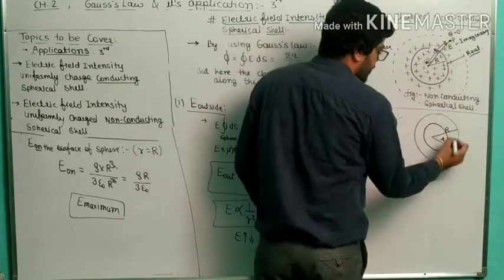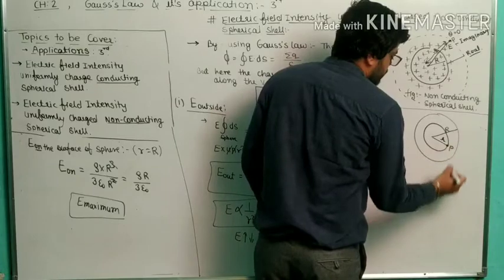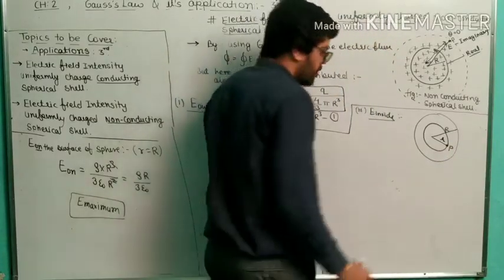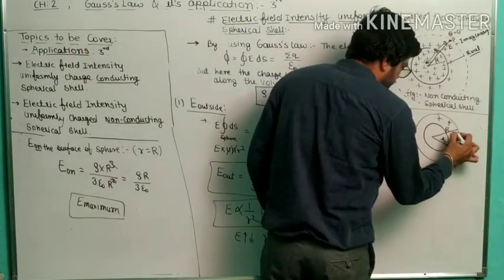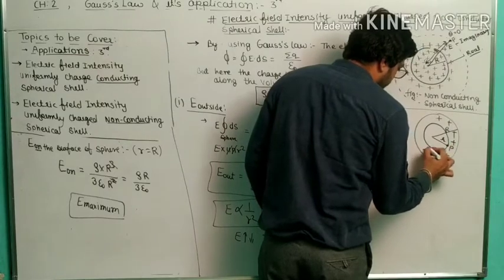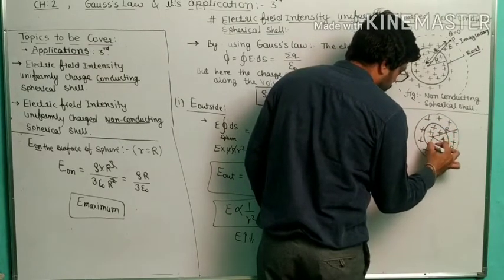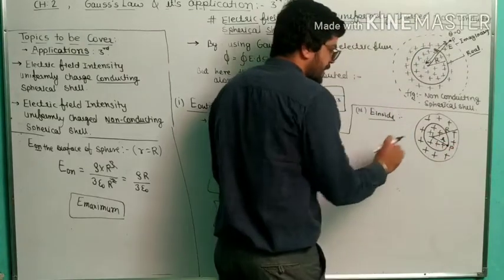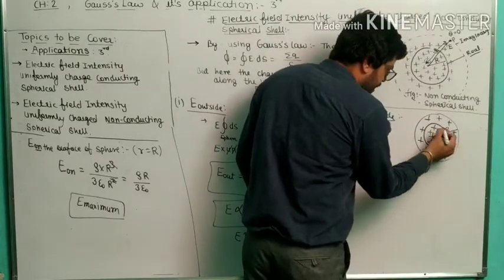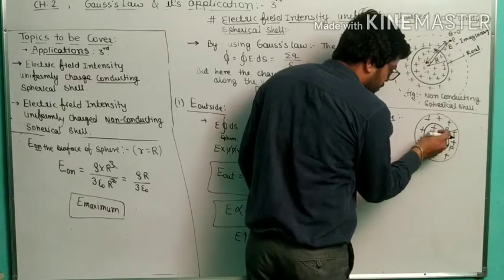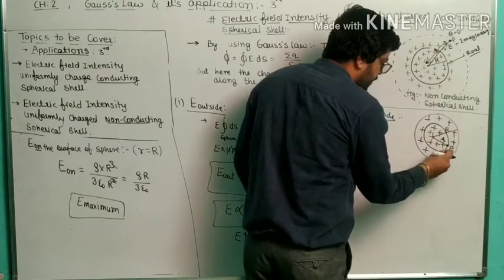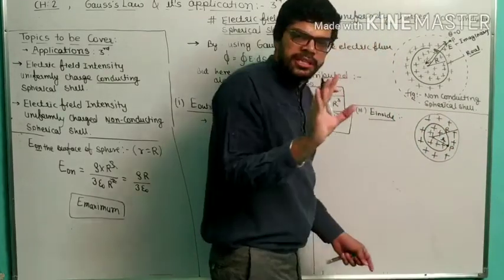This point P will be coming inside. So charge is distributed inside this spherical shell. Here also charge is distributed, but see, this imaginary sphere is covering some particular charge and also leaving some particular charge. It is covering only some of the charge.